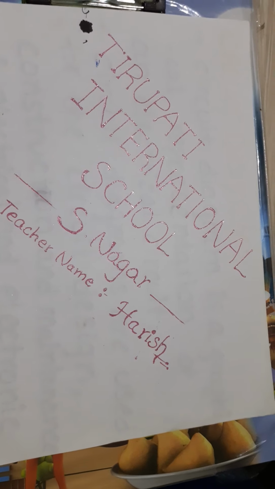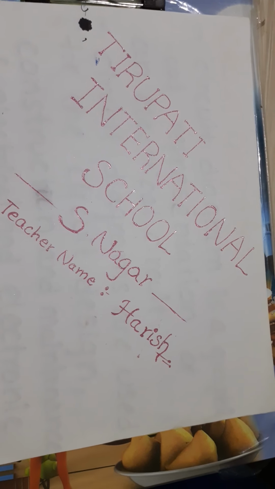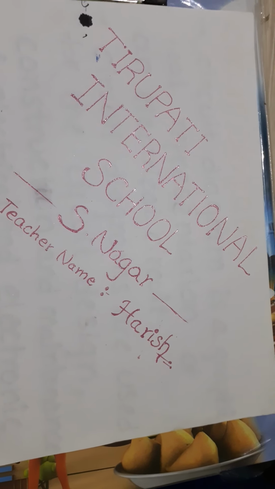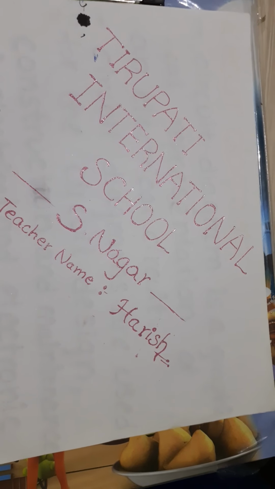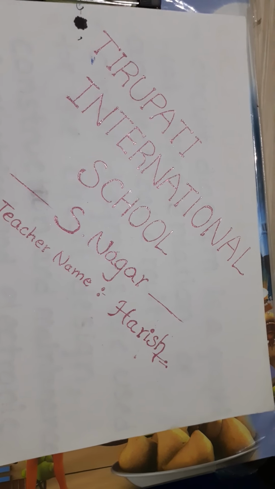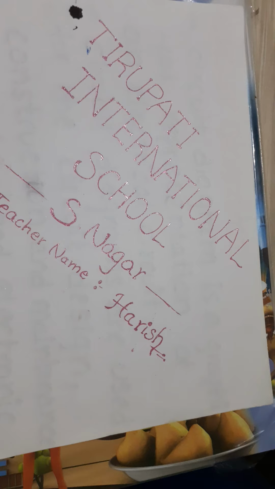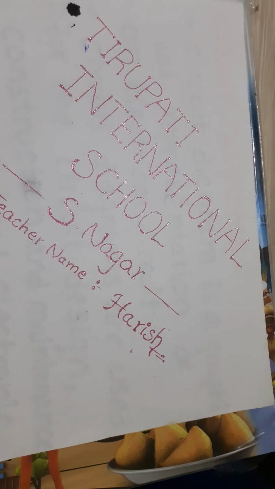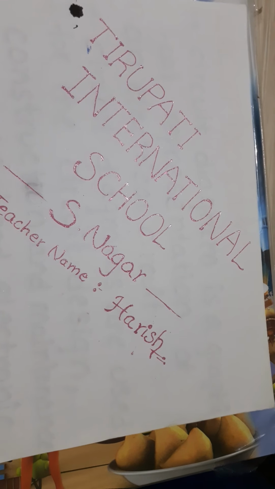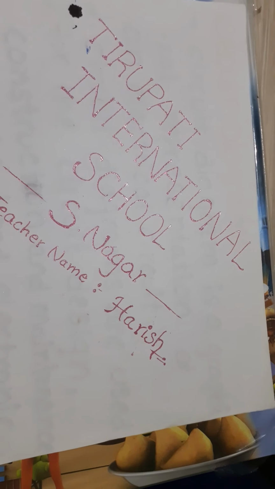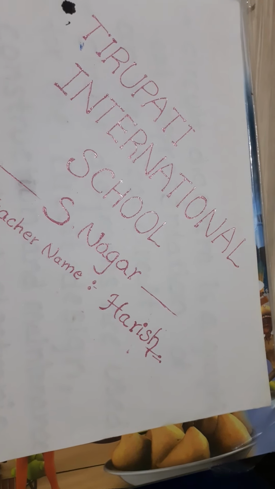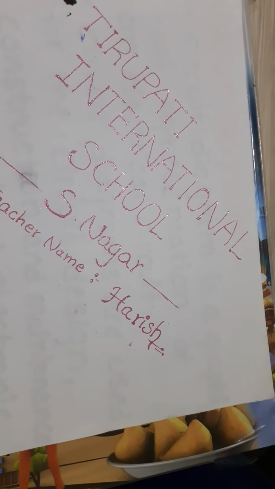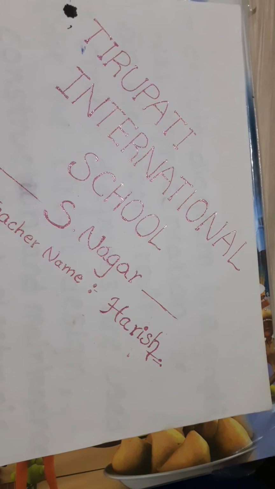Last video we discussed current. What is meant by current? The rate of flow of electrons per unit second in a conductor is called current. After that we discussed electric potential. When a charge is brought from infinite distance to a point, it is called electric potential.